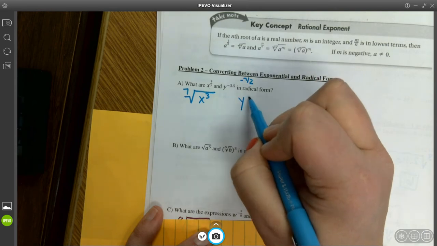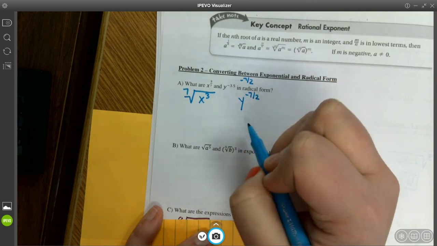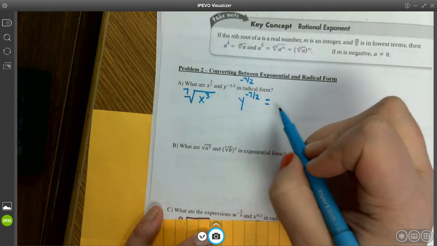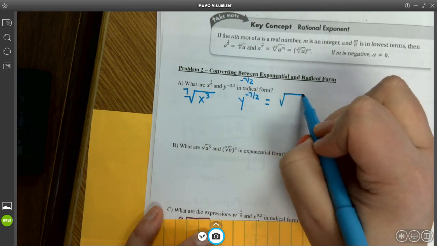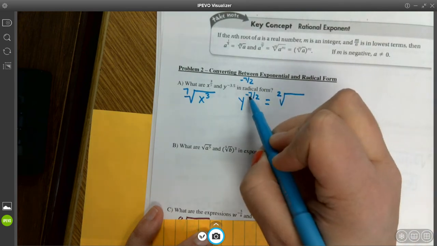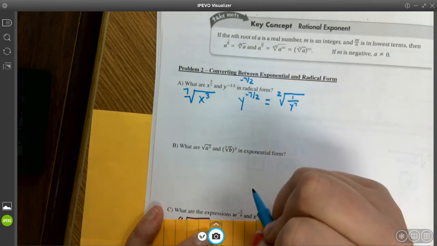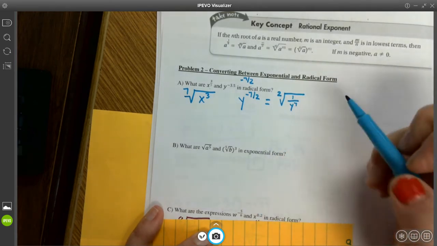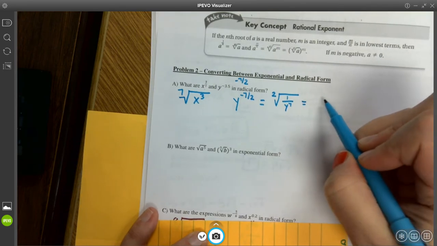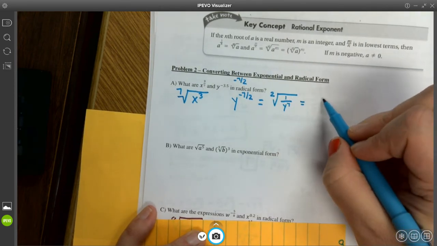Now the negative does not go with the denominator. So this is the same thing as y to the -7/2, which would be equal to the square root. Since it's negative, I'm going to put that on the bottom right away. I'm going to rewrite this so that the square root of 1 is just 1.